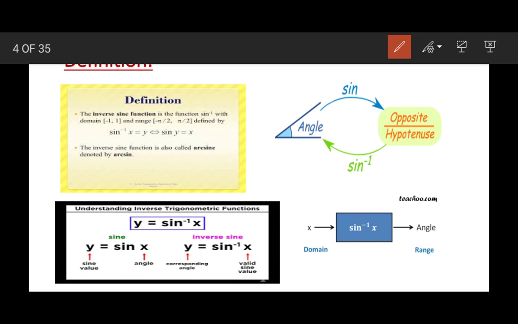Then the next concept comes: domain and range. So sine inverse x is given. Here x means value, and that value will be the domain, and the angle will be the range.